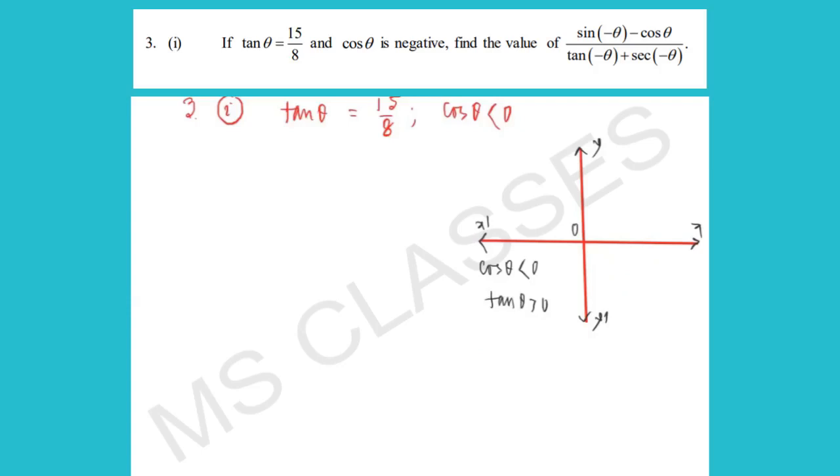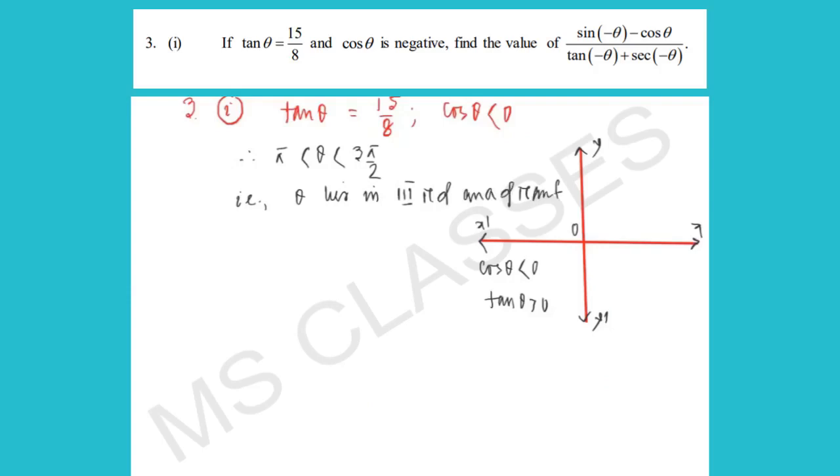So here we can say, therefore, theta is greater than pi and less than 3 pi by 2, that is, theta lies in the third quadrant.